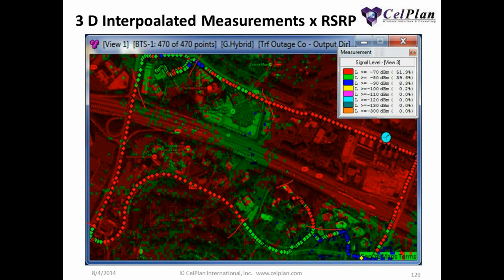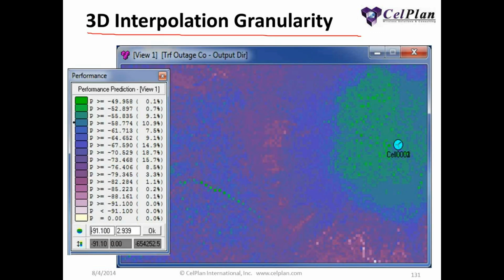And here, without the measurements showing. But the question is, you have a lot of red here. Do you have a better resolution? Yes, this is the actual resolution, and here you can see that we are moving the colors very little, and you can see how things fade. This shows the 3D interpolation granularity.